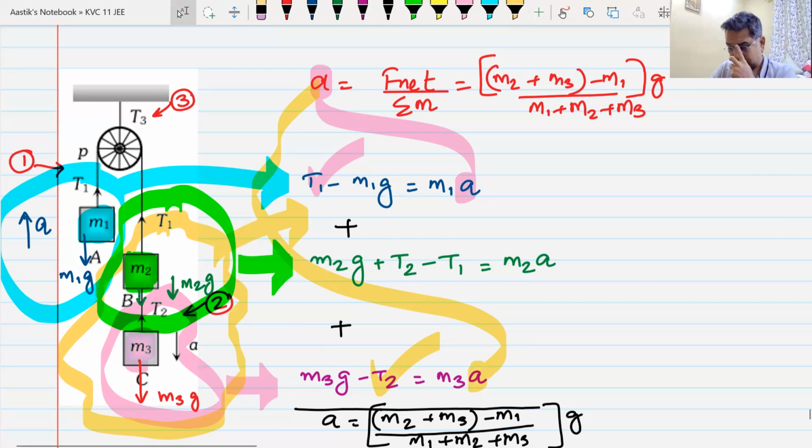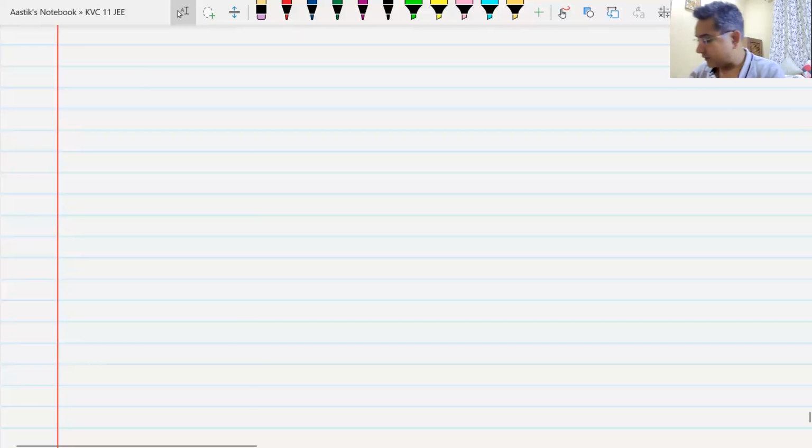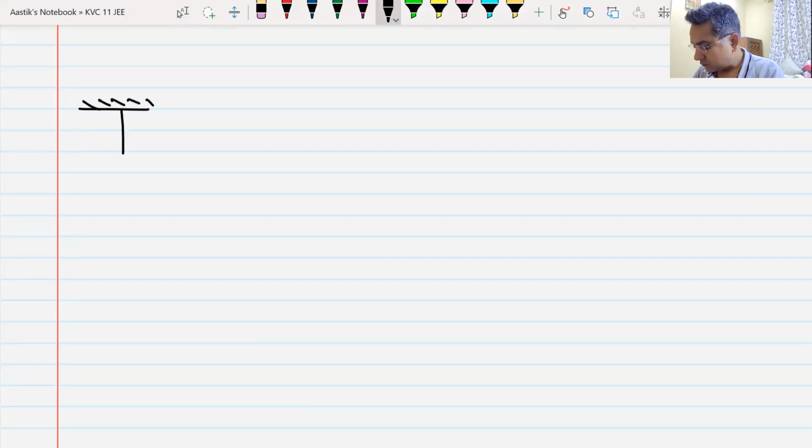Let's see if you can solve a question based on this. So I'll give you a small question, a simple one. This is a pulley.